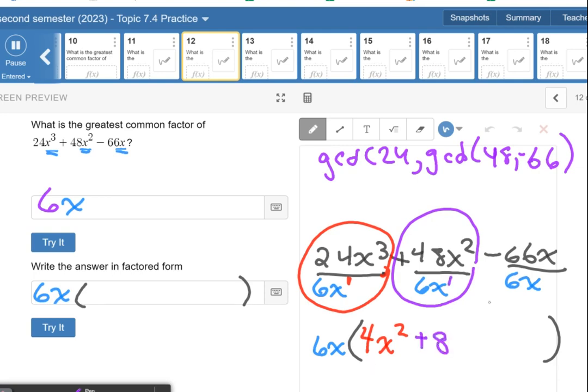X squared divided by x to the first, we subtract the exponents. And then lastly, we have negative 11, and then the x's go away. So altogether, we have this trinomial that is left over.